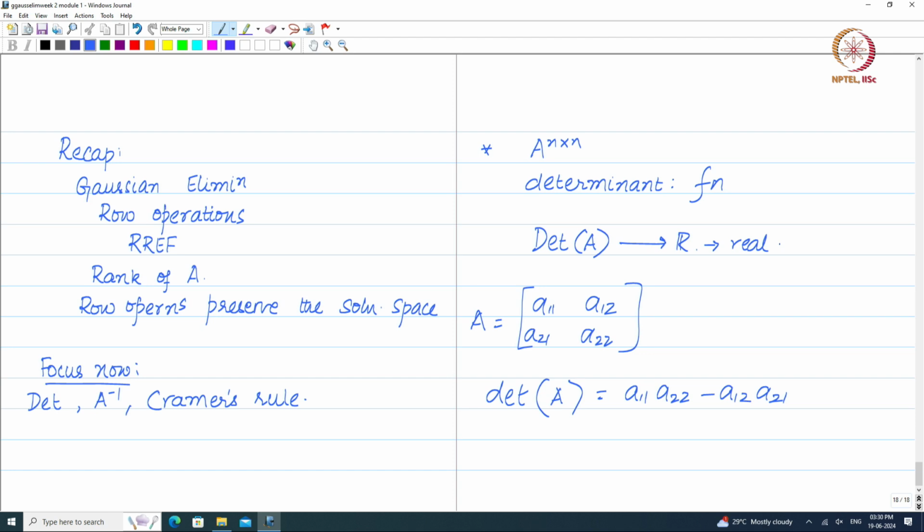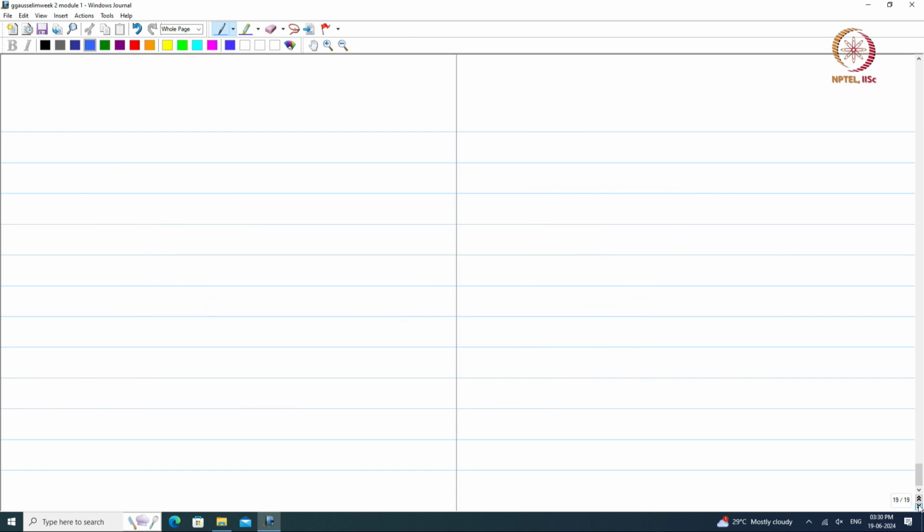Let us take an example 3 by 3 matrix A given by A is equal to A11, A12, A13, A21, A22, A23, A31, A32, A33.